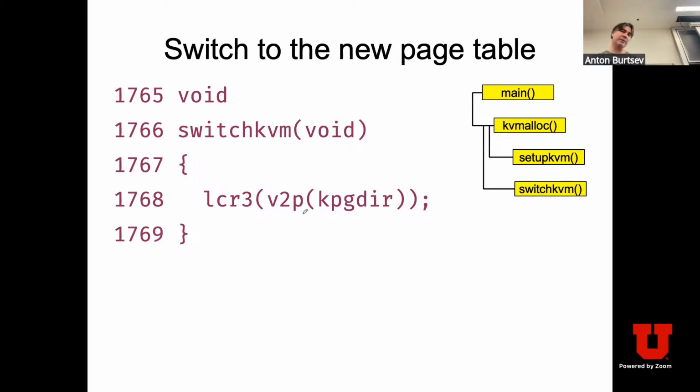Since this variable holds a virtual address, we use this v2p macro, converting it back to the physical address. And this is a helper function which uses a bit of assembly inside. We just load this physical address of the kernel page directory into the CR3 register, right? And that's essentially what we wanted to understand today. We switched to a new page table.